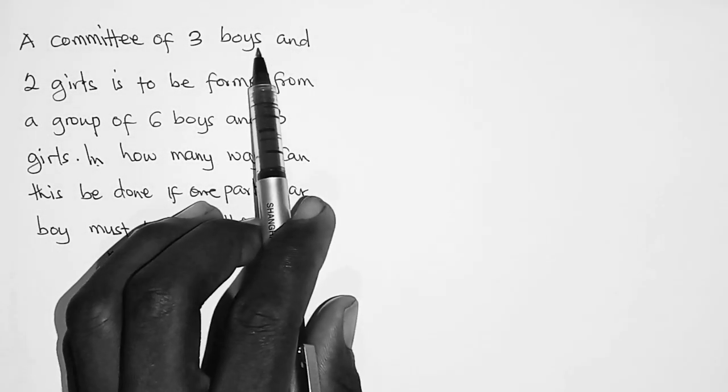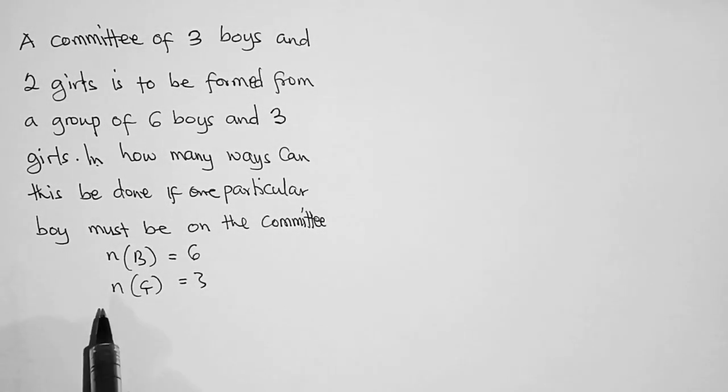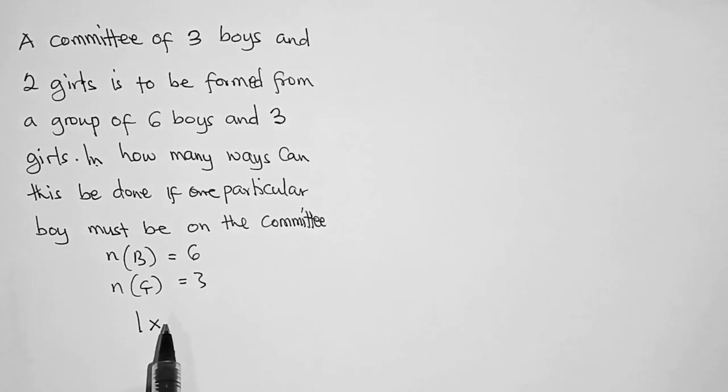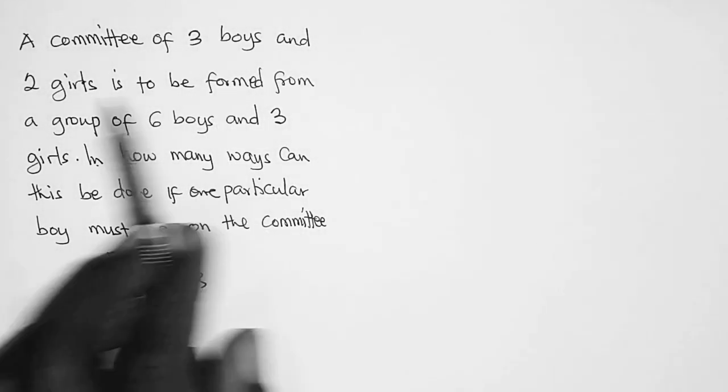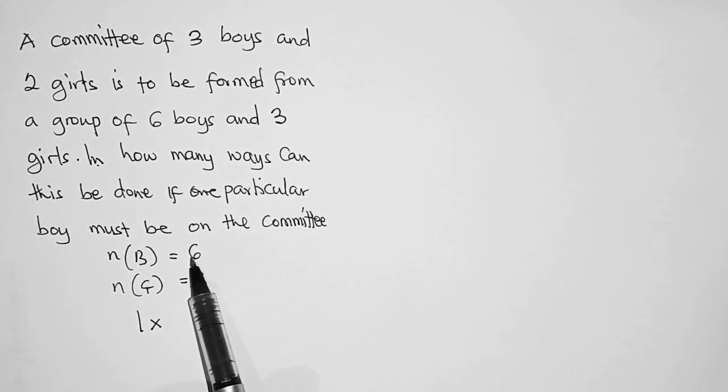However, we are supposed to select 3 boys and then 2 girls. However, there must be 1 boy on the committee, so that means the one has already been selected. Then if we select 1 boy, the total number of boys becomes 5. So the remaining 2 boys, because we must select 3 boys, must be selected from 5 boys.